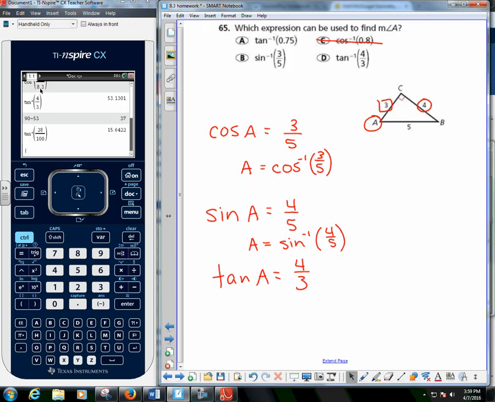And my sine thing says 3 over 5, so it's not that one. And my tangent, I would say A equals tangent inverse of 4 over 3. 4 over 3, you might be tempted to say 0.75, but 4 over 3 is actually bigger than 1, 4 divided by 3. So that means that D is my winner.